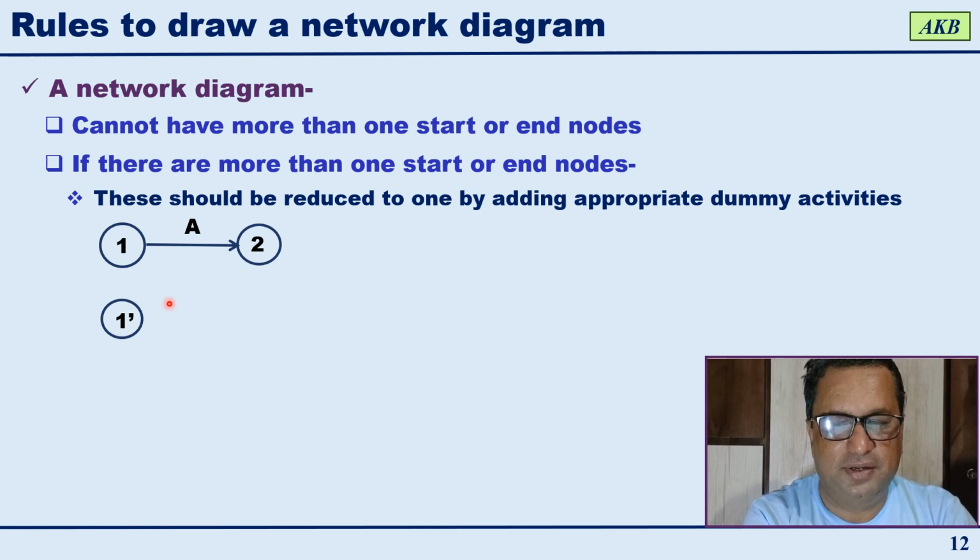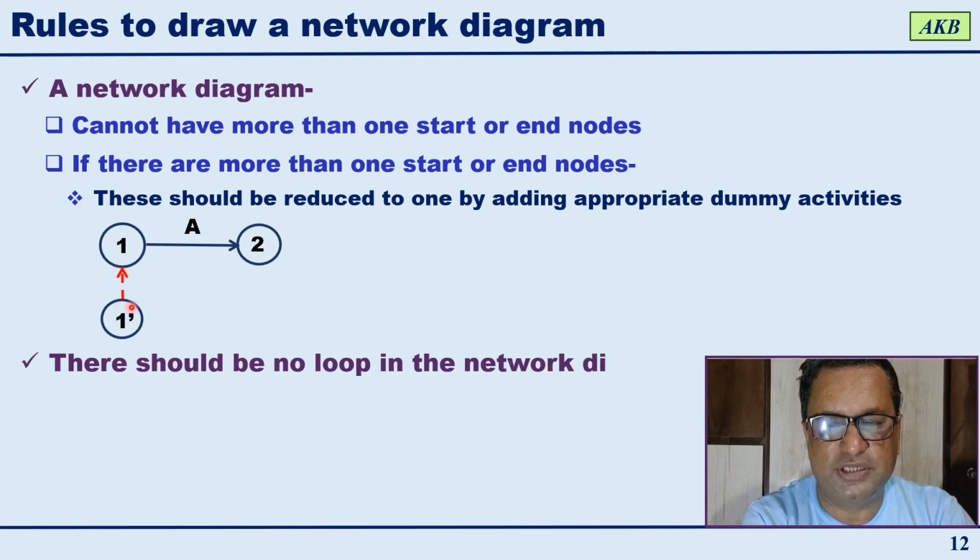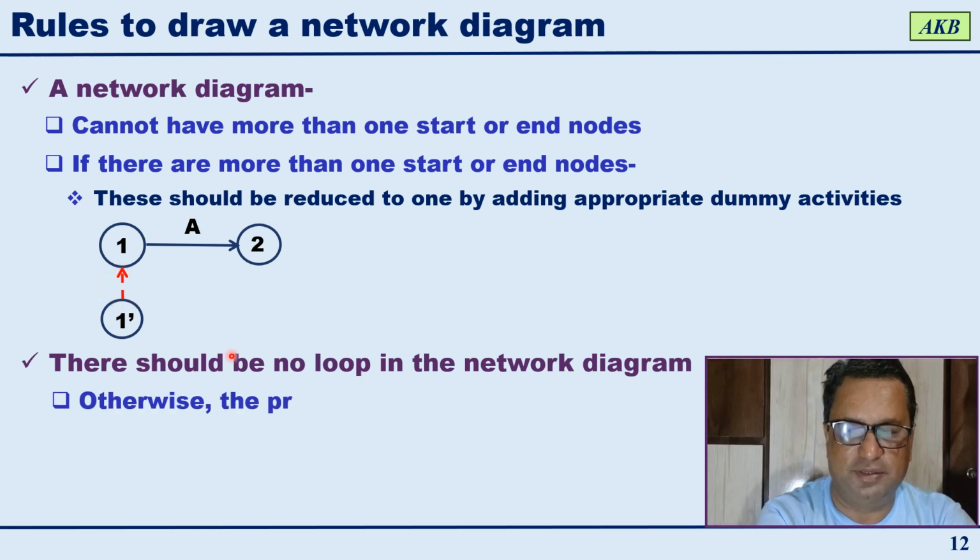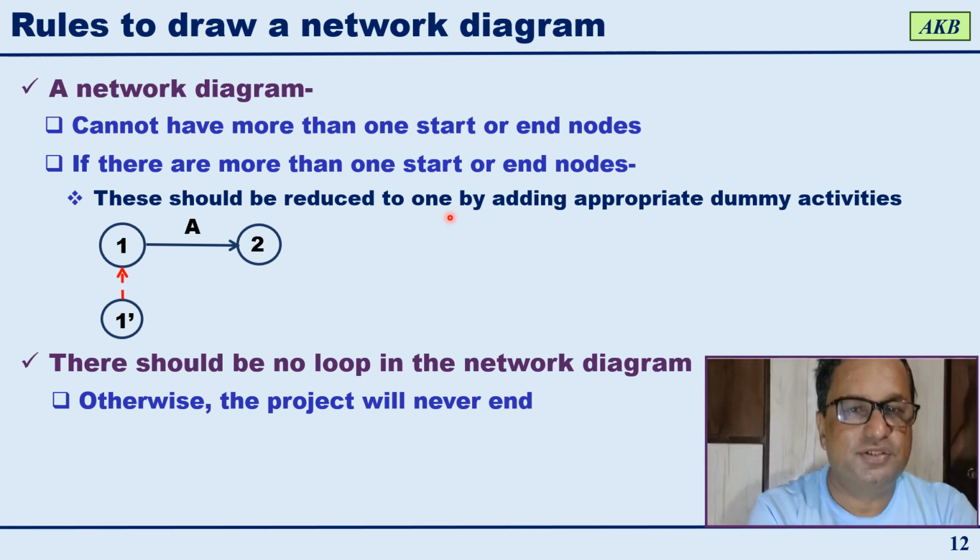Then, in order to make the network diagram logical, we are going to use a dummy activity. So if activity A is going to have two start events, 1 and 1 dash, then 1 and 1 dash will be represented on the network diagram by using this dummy activity. So this is one rule.